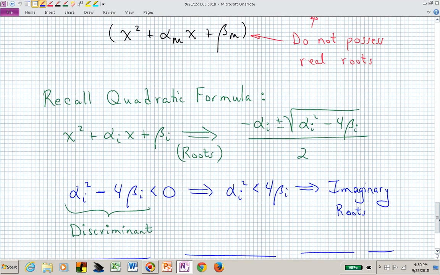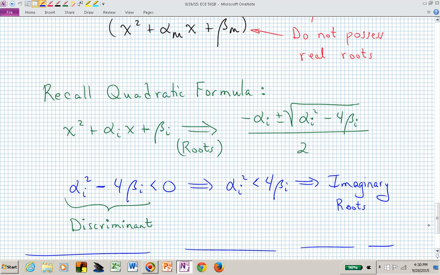And what I would have you think back to is just the quadratic formula. Suppose that we have one of those quadratic factors. Here I'm just leaving it as a generic subscript, x squared plus alpha sub i x plus beta sub i.